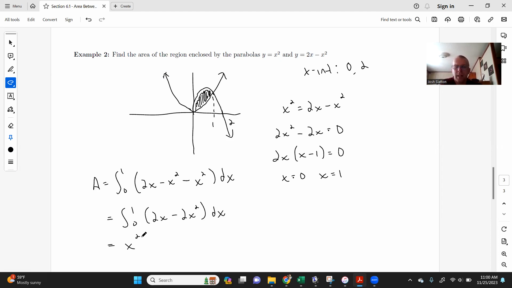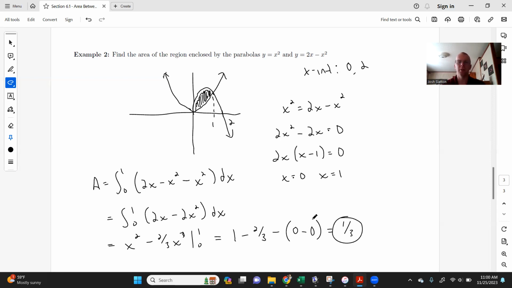Do the integration. The antiderivative of 2x is x squared. The antiderivative of 2x squared would be minus 2/3 x cubed. Evaluate from 0 to 1: 1 minus 2/3 when we plug in 1, and then minus 0 minus 0 when we plug in 0. Simplify that, and we get 1/3.